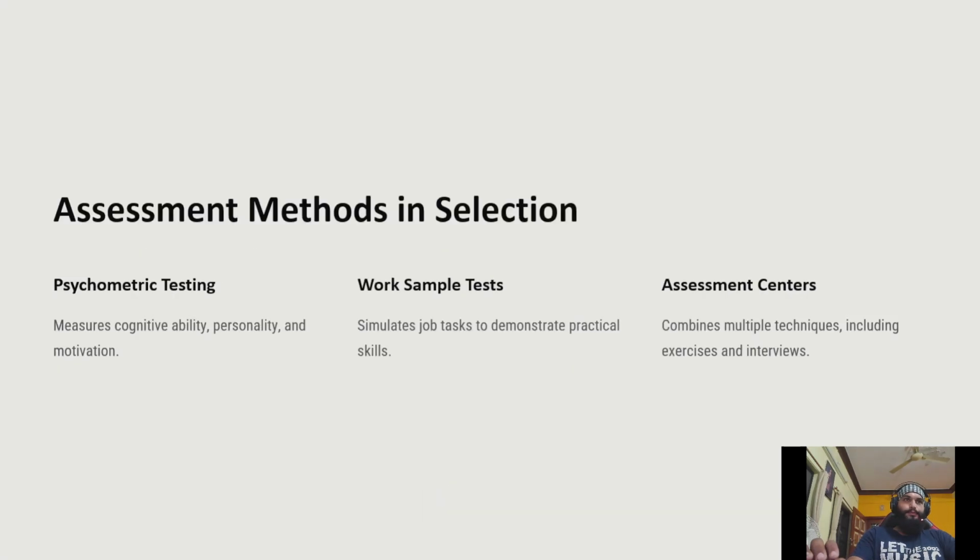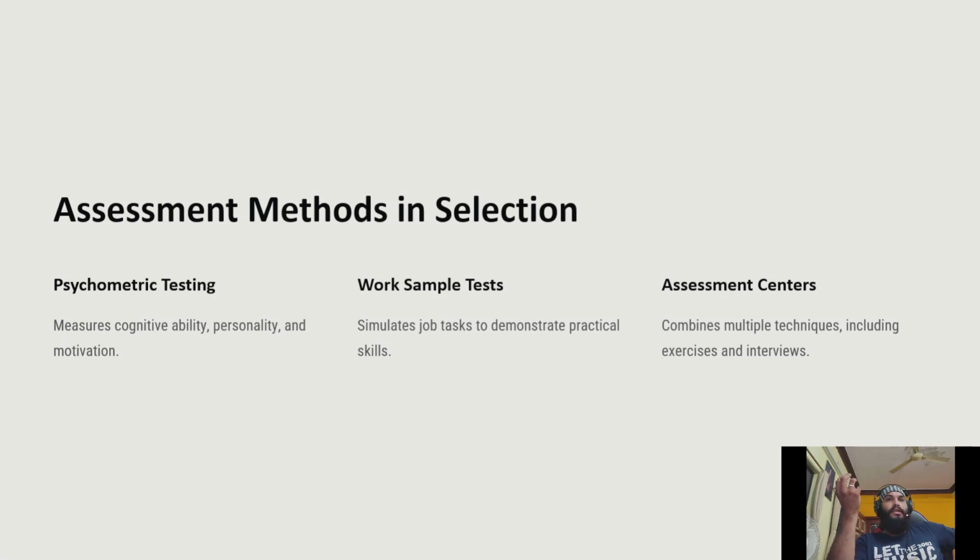So assessment models in selection are psychometric testing, work sample tests, assessment centers, etc. The psychometric testing helps us to get the mental state of the candidate, which helps us to understand them better.